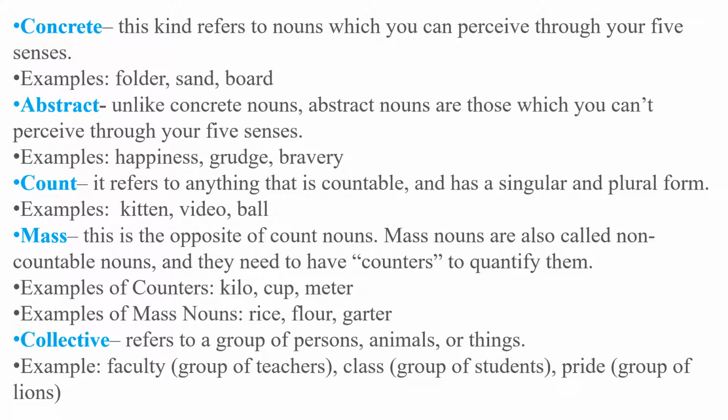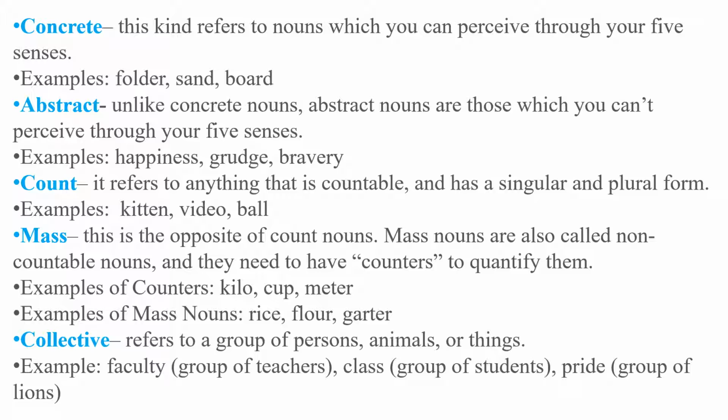Examples: happiness, bravery, courage. All these are examples of abstract nouns. Concrete we can touch, see, hear, sometimes taste. But abstract nouns are different. We cannot see it, listen to it, taste it, smell it, but we can understand it and feel it.